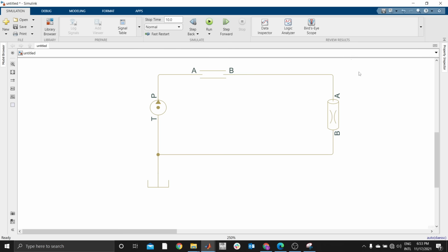We usually have two types of variables in any system, that is through and across. Through is like a flow rate, current, torque, but across is like a voltage across, pressure across. Therefore we need a hydraulic flow rate sensor.